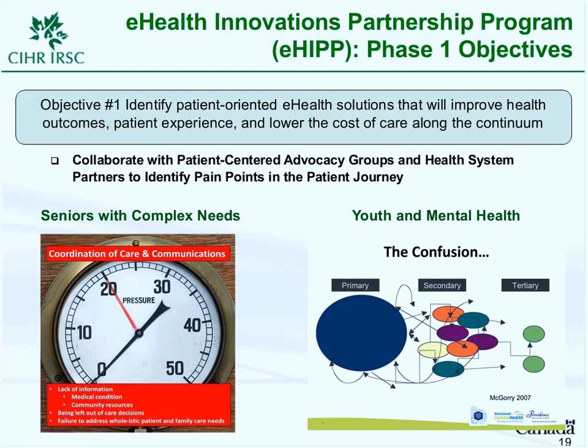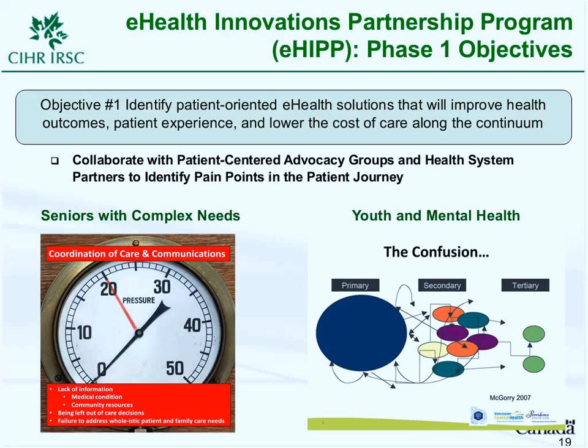So we're expecting that most individuals who will bring forward applications will have identified some of these gaps and inefficiencies and are proposing to integrate perhaps often a number of solutions, and I think this is what we've seen across the country, to improve that patient journey. So that's the first objective.